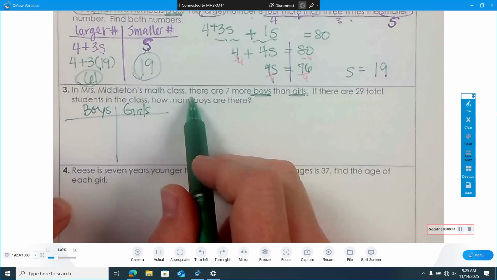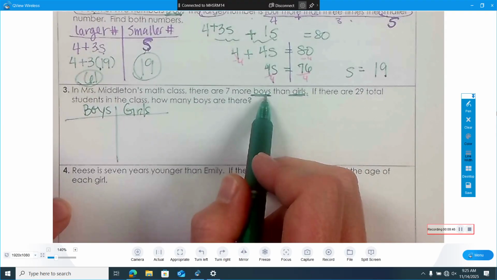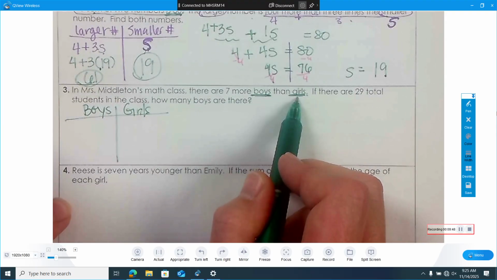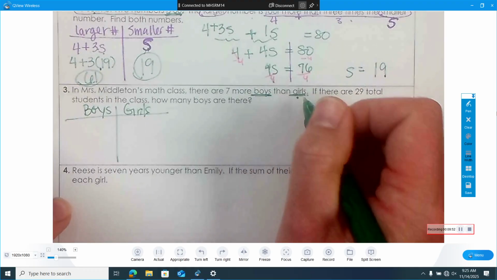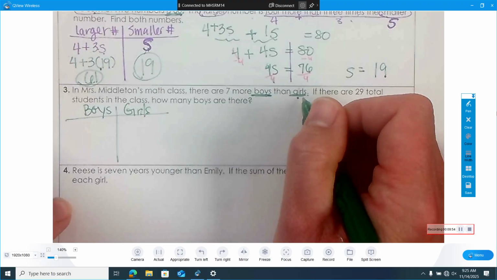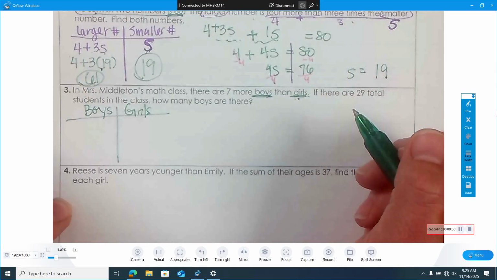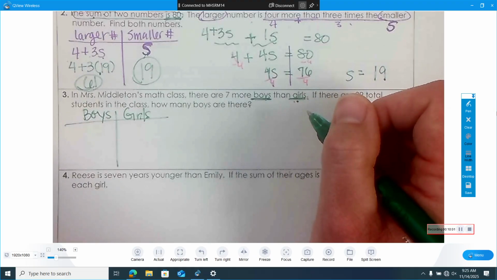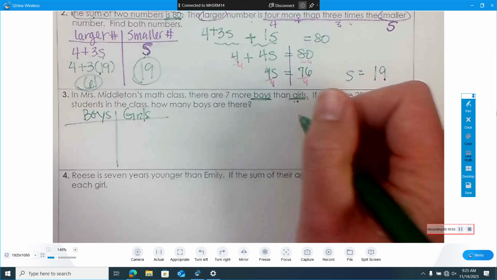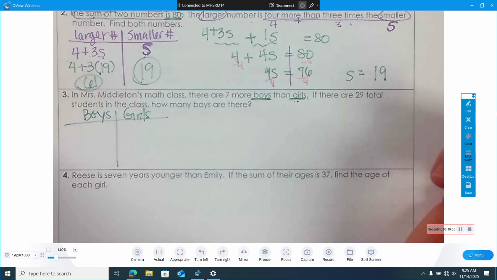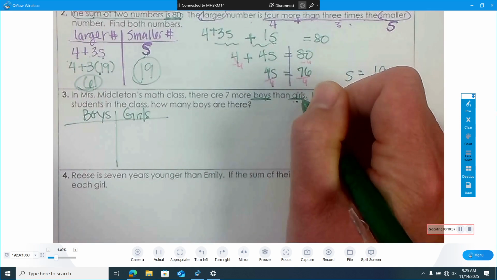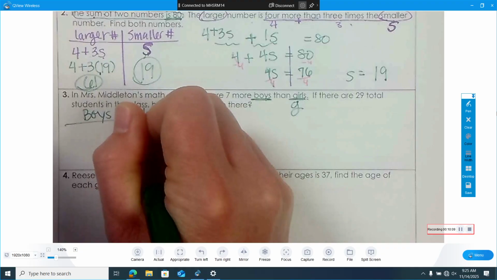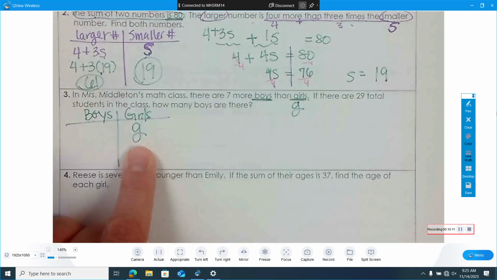There are 7 more boys than girls. So, do I know how many girls there are? No. Well, so this is one of the small numbers you can figure out pretty easily. It's true. But I don't know how many girls there are. What can I use to represent the number of girls? G, sure. I don't know how many girls there are. I'm going to call them G.